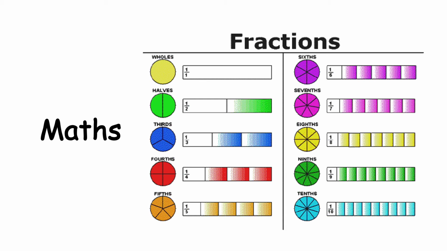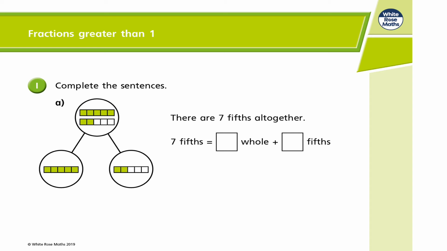Let's see what we're doing today. So we're going to be looking at fractions greater than 1 whole. What I would like you to do is, we have a part whole model here. Okay, and in the top circle, you have got how many fifths?